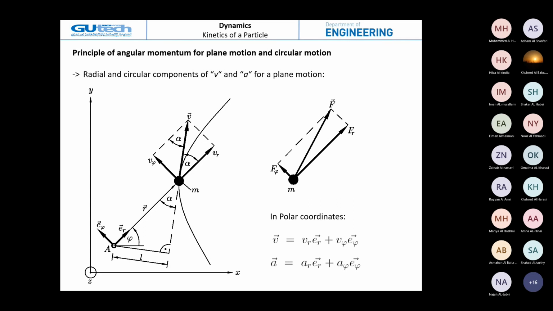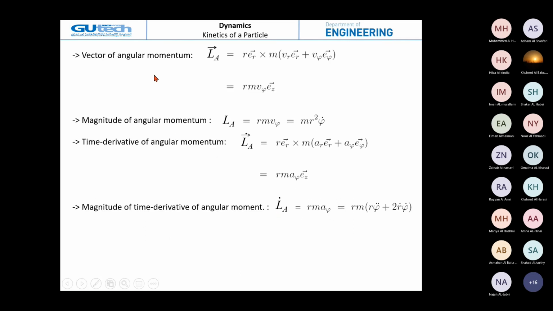Now, the vector of angular momentum LE is R, a scalar, in the ER direction, cross M times the velocity vector. The velocity vector is now decomposed into two components, the radial one and the circumferential one.